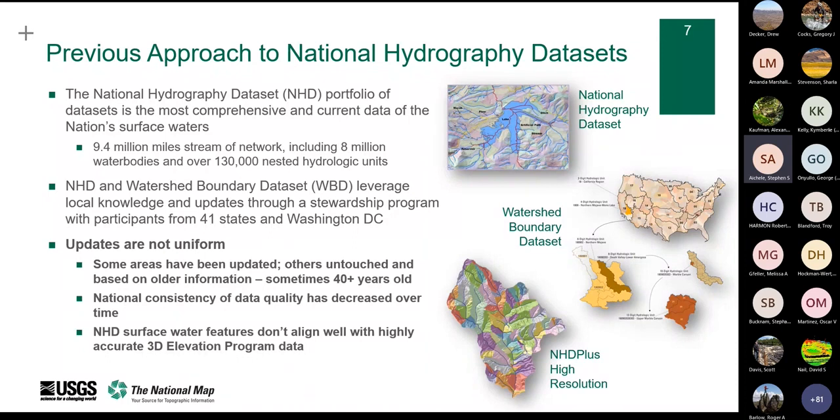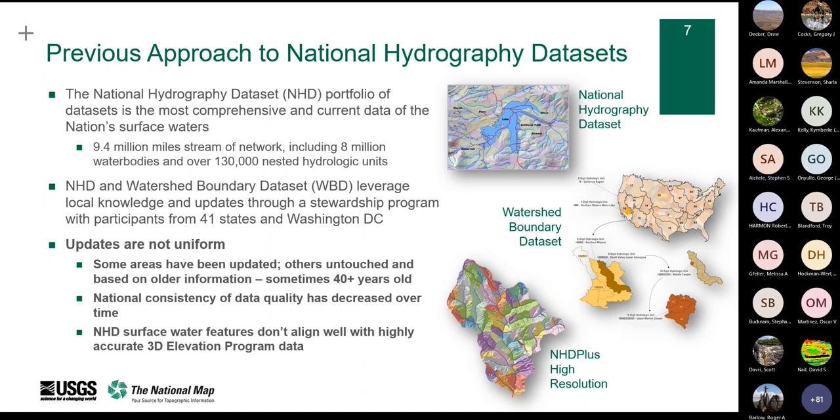Probably upwards of half of that data in the current NHD is still based on the geometry from the old topographic maps. And so that causes some challenges in terms of understanding what you're getting as a consumer, right?